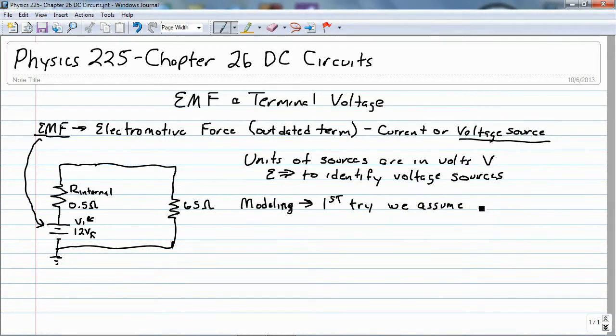We assume perfection. That means that batteries maintain their terminal voltage.